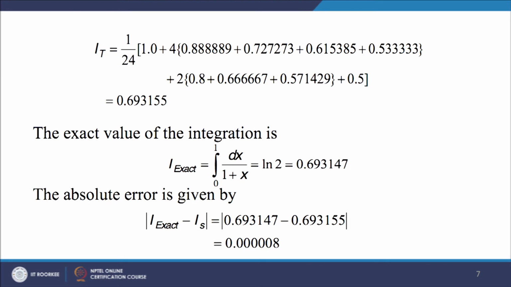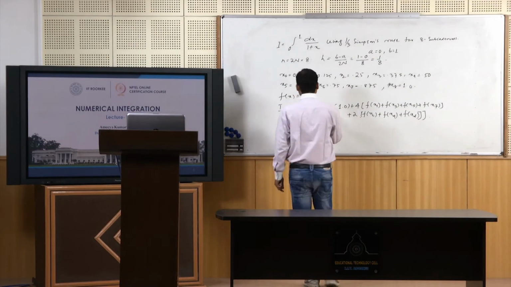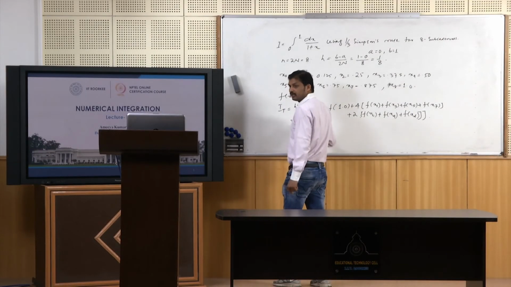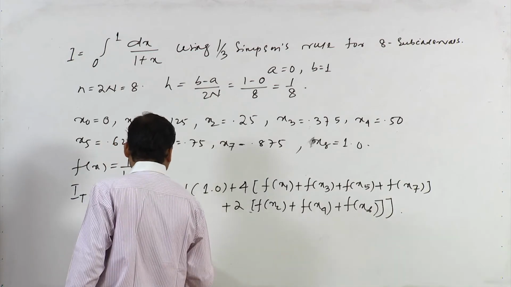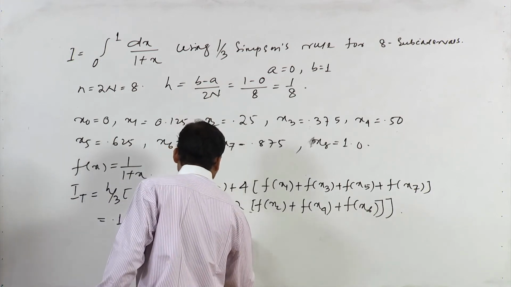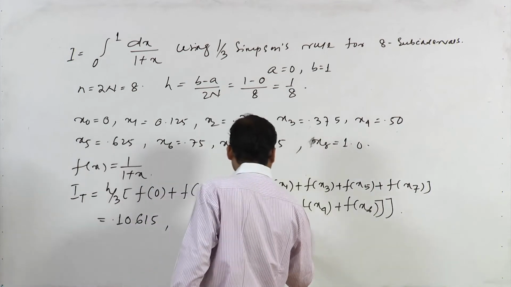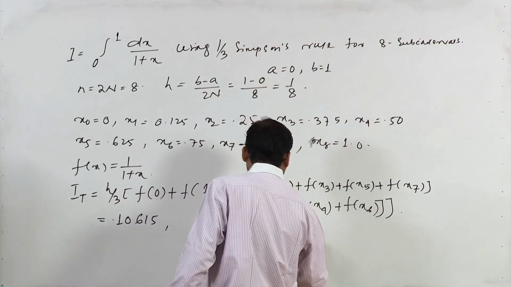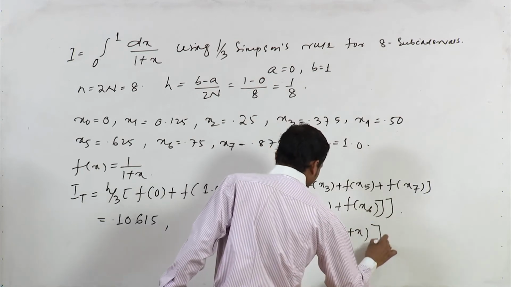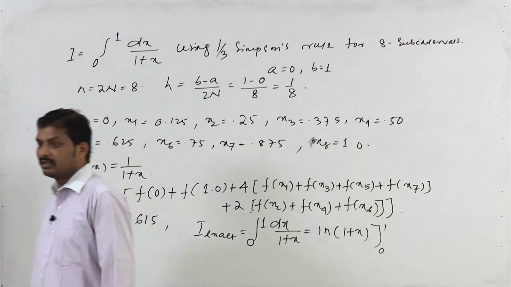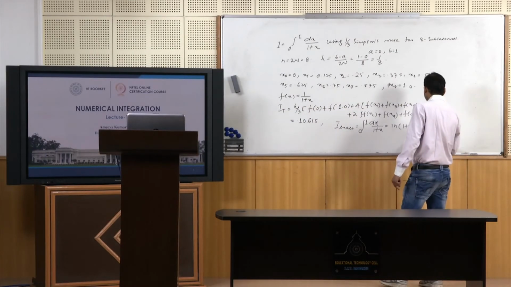And if you see the exact value, I exact is the integral 0 to 1 dx by (1 plus x), which can be represented as ln(1 plus x) from 0 to 1, and this is nothing but ln 2, since ln 1 is 0.